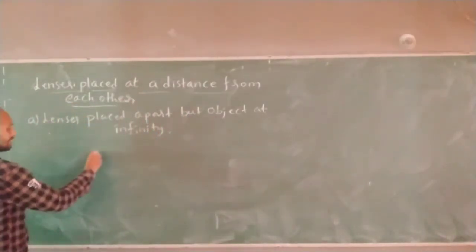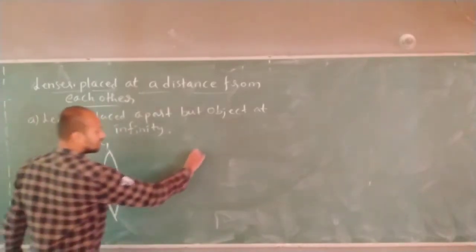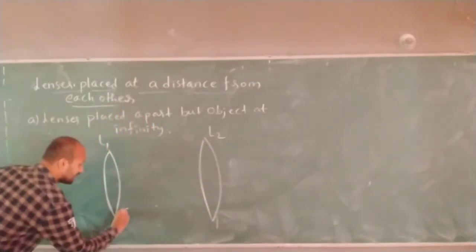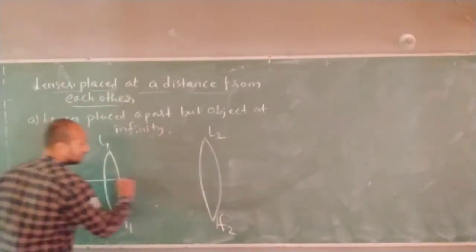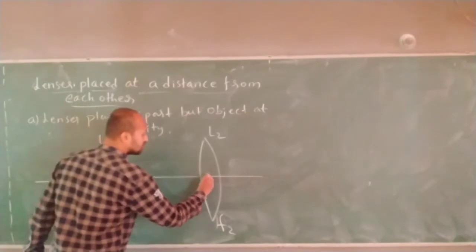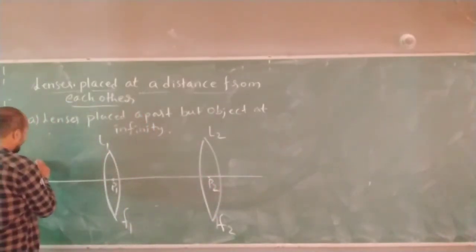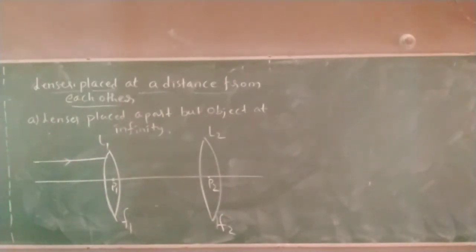What is the object at infinity? Let me consider one lens, L1. This is L2. This has focal length F1. This is the point P1. This is the point P2. Imagine that light is coming from infinity, parallel light. Infinity means parallel light is coming.